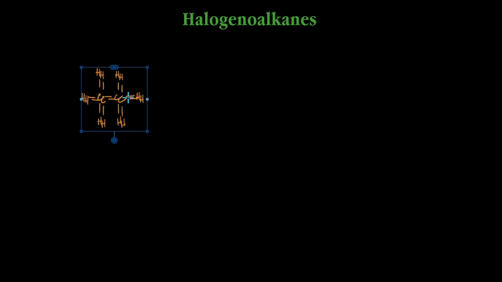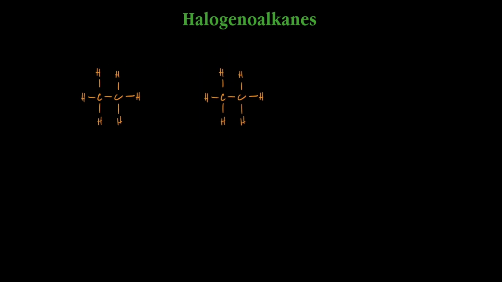The idea is, I'll take this ethane and duplicate it. Now if I replace one, let's say this H, with a Cl, that is a halogenoalkane. Or I could replace two hydrogens, so it doesn't matter how many, one or more.